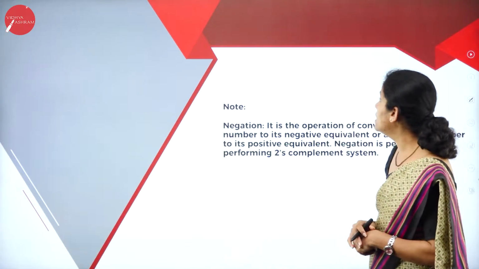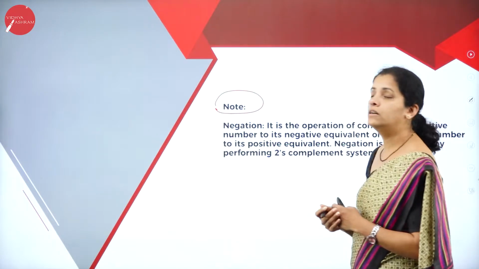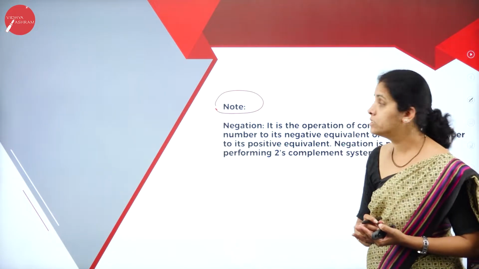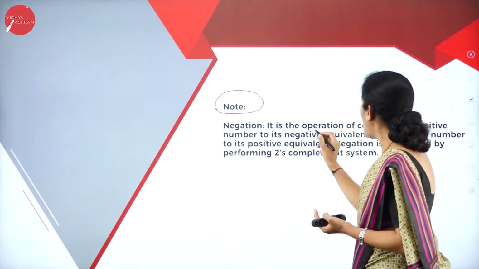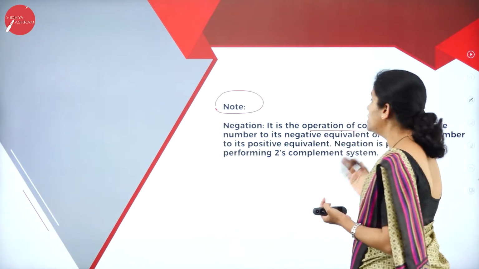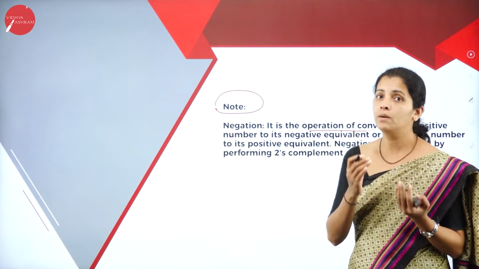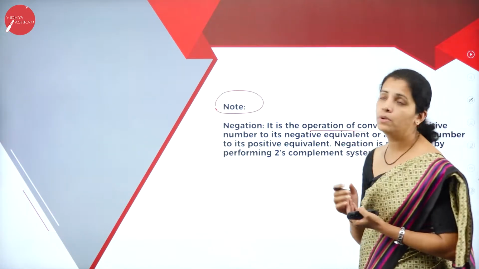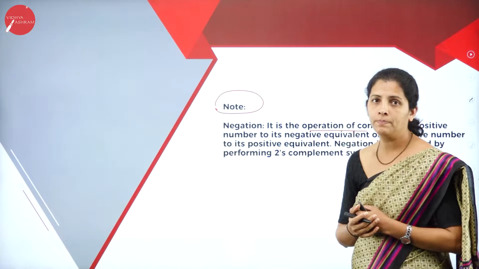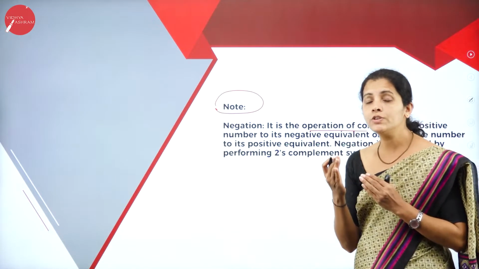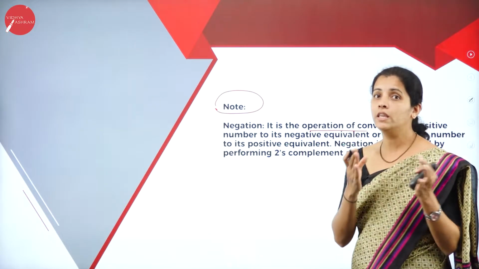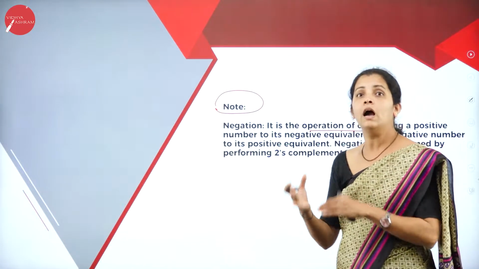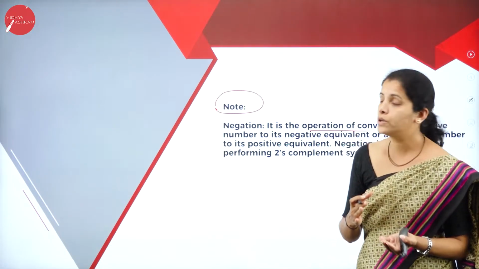At the beginning, just make a note here. What is negation? It is the operation of converting a positive number to a negative number and a negative number to a positive number. That means there are certain situations where we want to convert a negative number to positive and a positive number to negative.